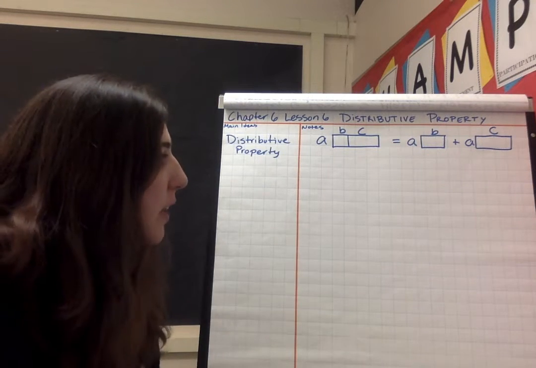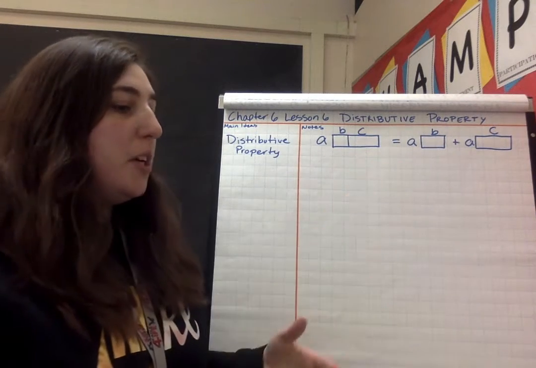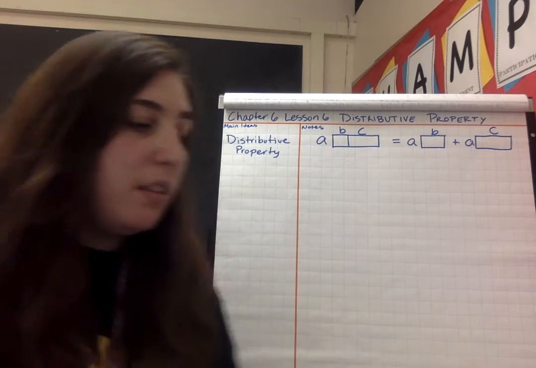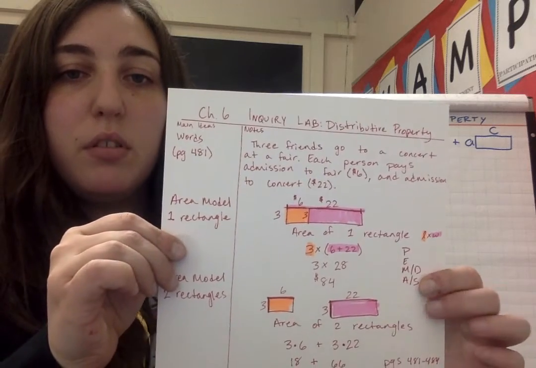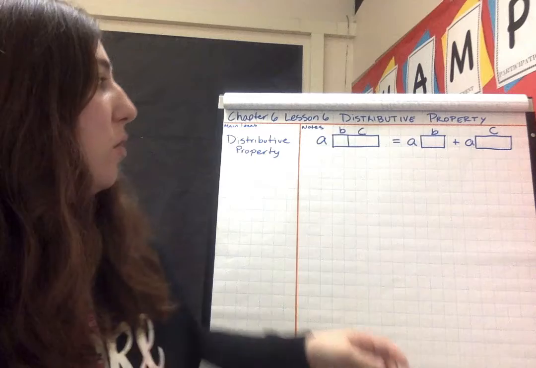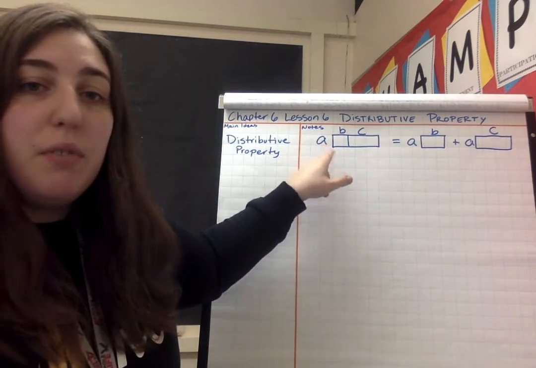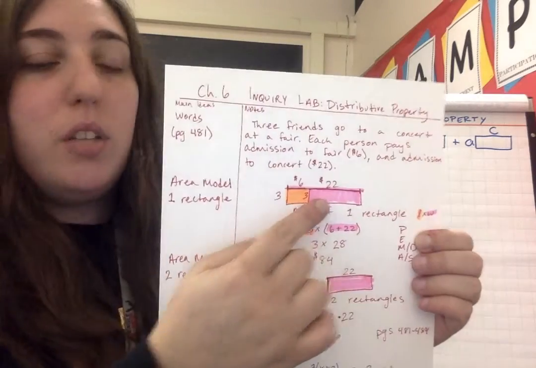And then one thing to note, this model that we drew here is very similar to the situation that we had in the inquiry lab notes. Okay, so if you look at the inquiry lab, we had a number here, 3. So we could imagine this A being 3, our 3 friends. Okay, and then we had $6 and $22.